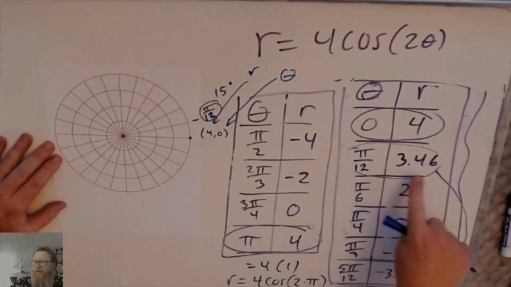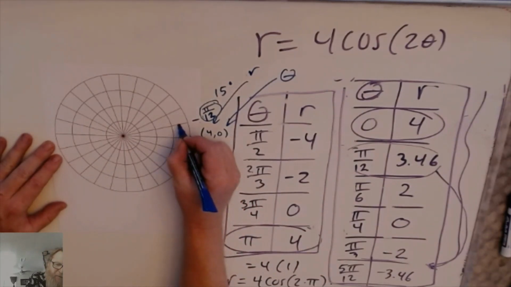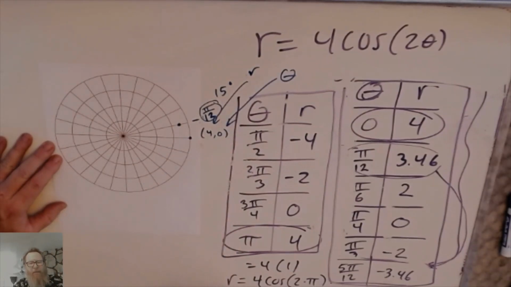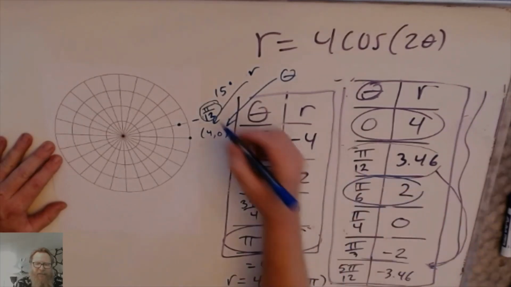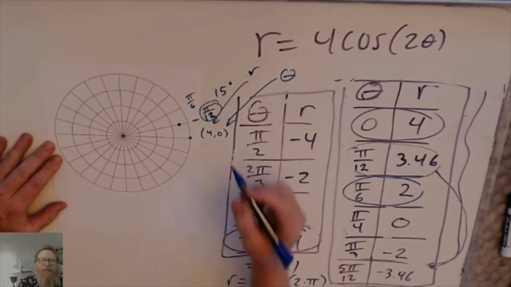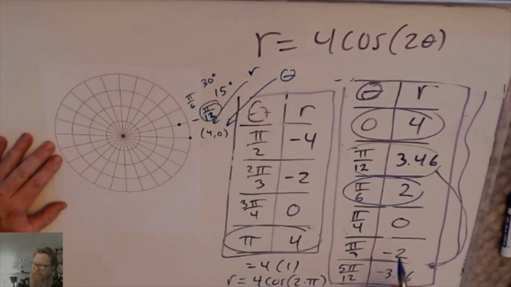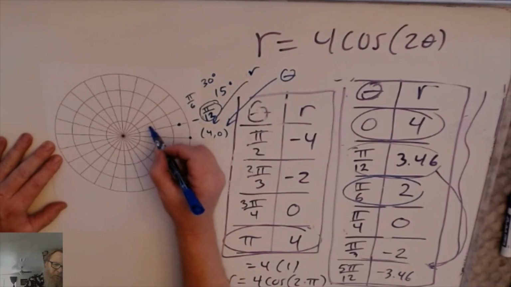Nice. So 3.46, so go out about 3.5, right about there. 3.5. All right, and then we're at pi over 6. So pi over 6 is right here. That's 30 degrees. So pi over 6 and 2. So 1, 2.